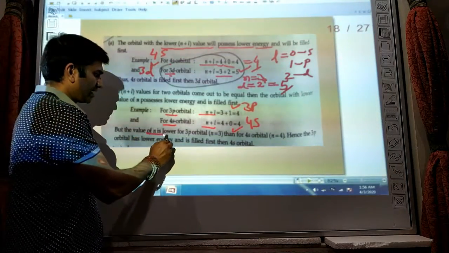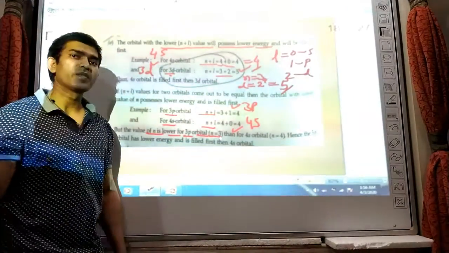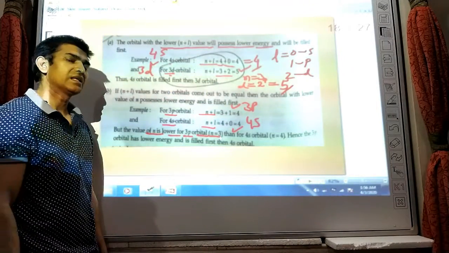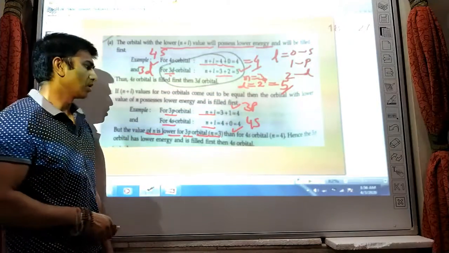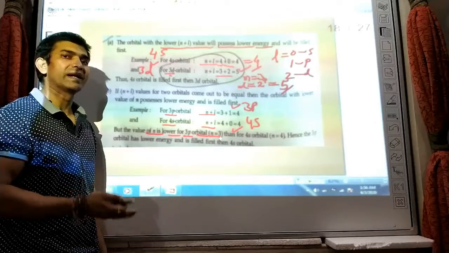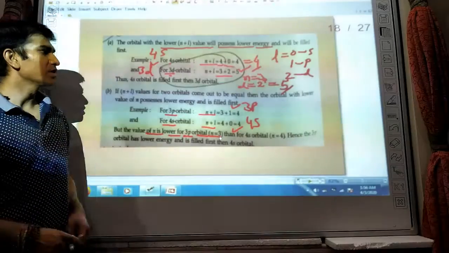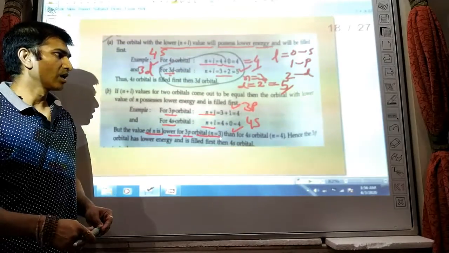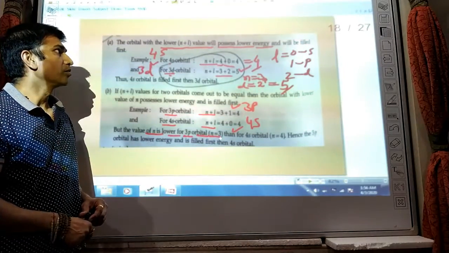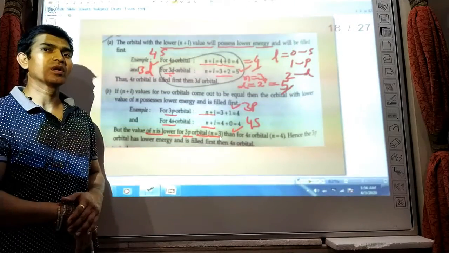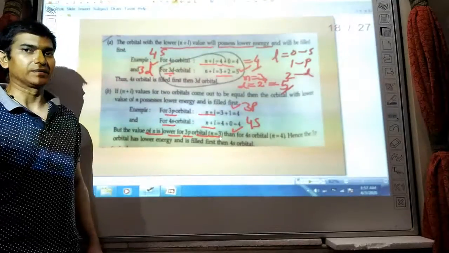The value of n is lower for the 3p orbital, not for the 4s orbital, so the electron will enter the 3p orbital. That's it. So these are the two situations which should be considered according to the Bohr-Bury rule when deciding the electronic configuration of any atom. Right.